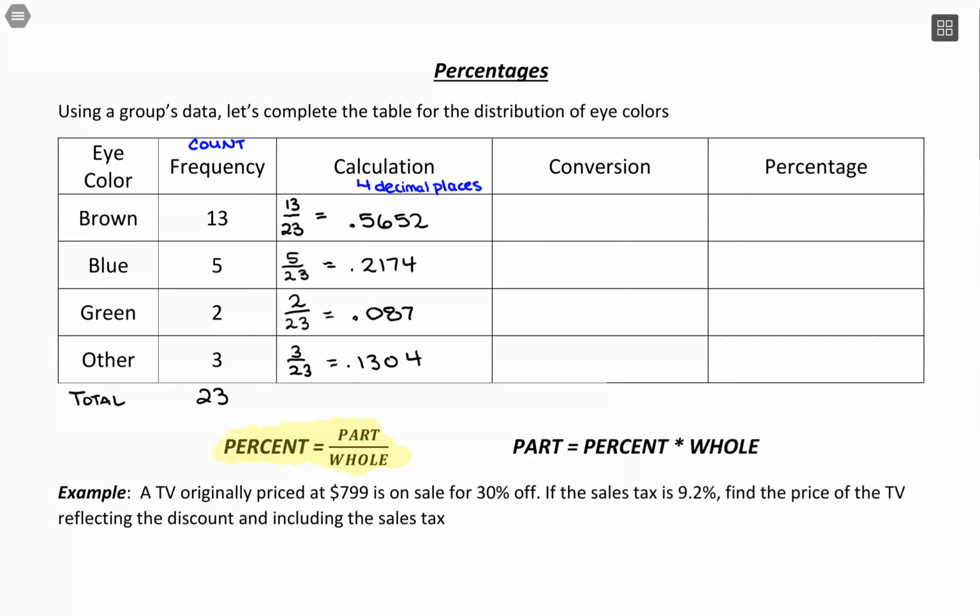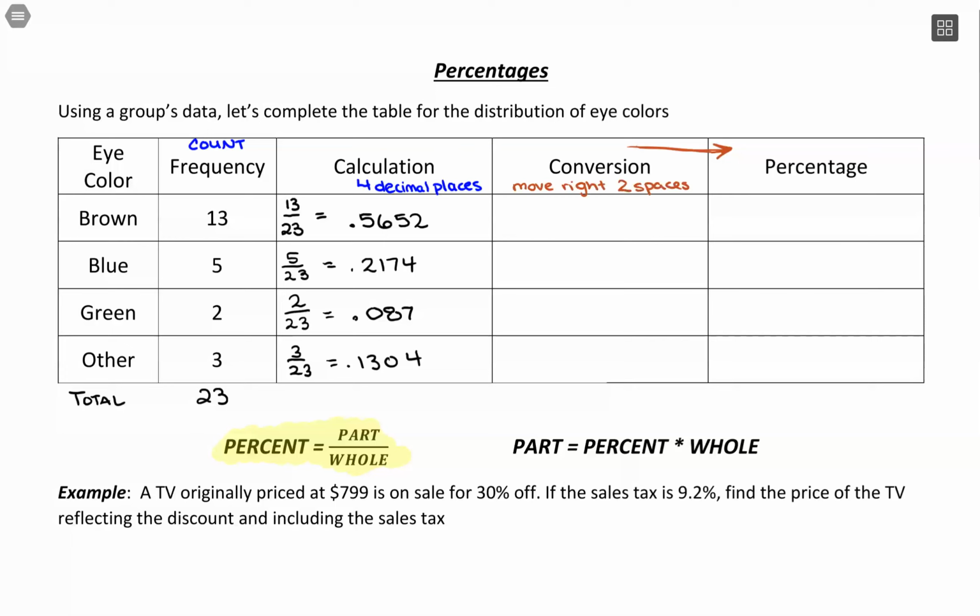All right, so once we have this decimal form, what we want to do is convert it to percentage form. And moving in this direction of starting with the decimal and changing to percentage, what we can do is take that decimal and move to the right 2 spaces.